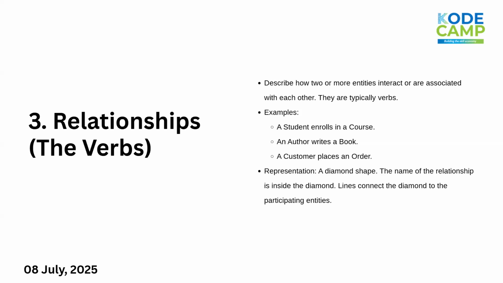You are placing the order. So that is a relationship between you as an entity and the order, which is another entity. The relationship is that you are placing an order. Are we all following? Yes, sir. All right, great.